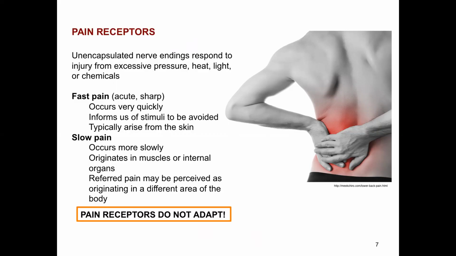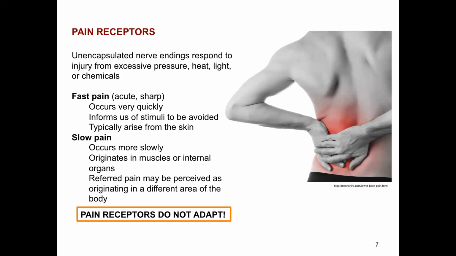And in order to remember why we get referred pain, which is basically that we receive pain originating someplace else, why do we have that? Well, remember, a nerve has neurons that are running from different places in the body. Some of them are going to be coated with myelin, some of them will not, right? So you could have some cross talk, some influence on those that are not myelinated.